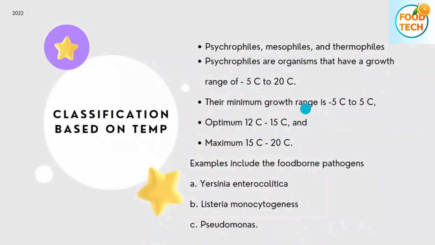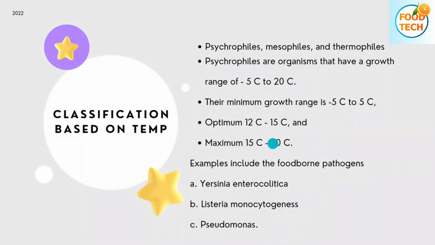Here the minimum growth would occur, because refrigeration is already a preservation technique, trying to protect the food. But the optimum condition is 12 to 15, and their maximum growth would occur when the temperature is 15 to 20 degrees Celsius, right?